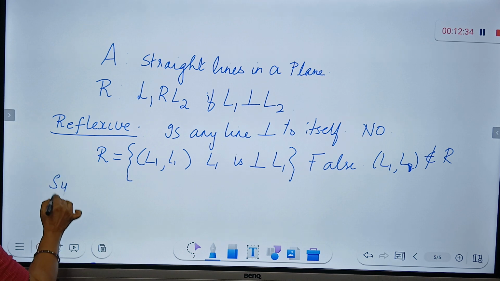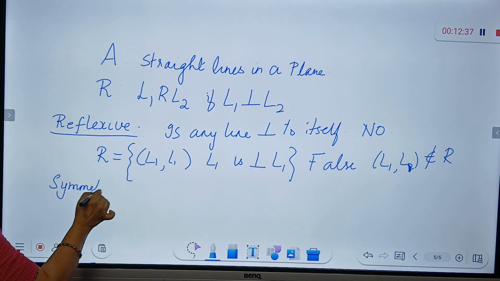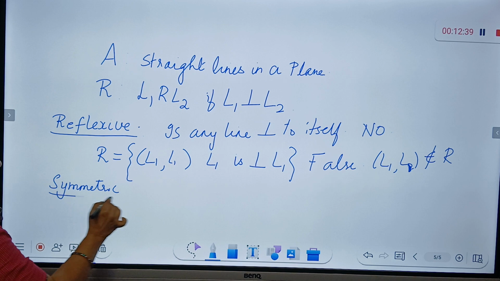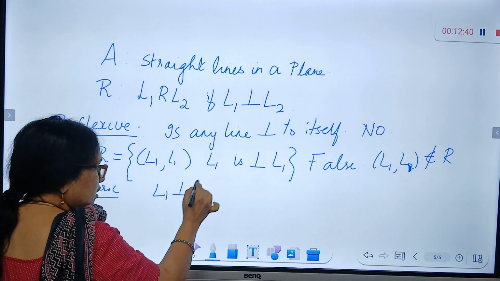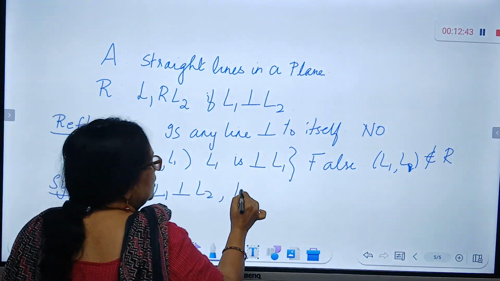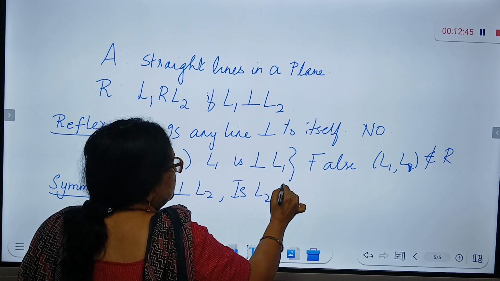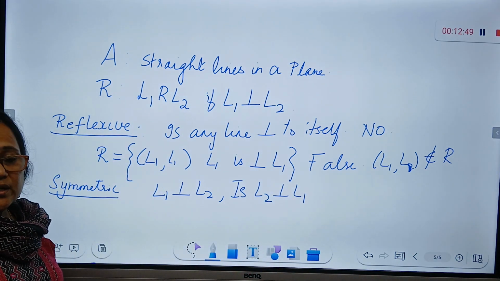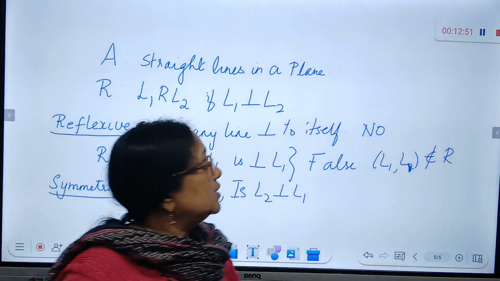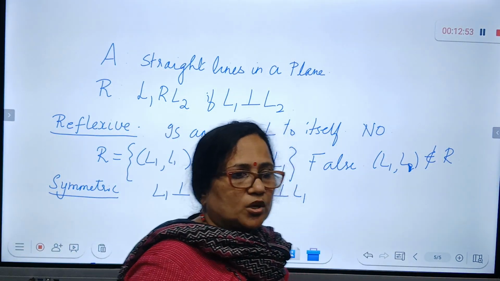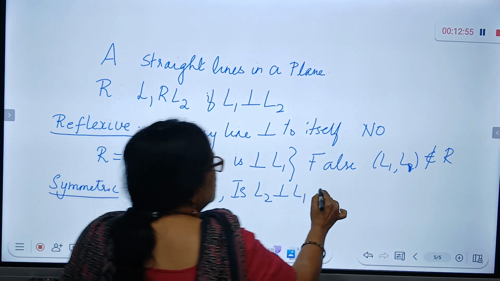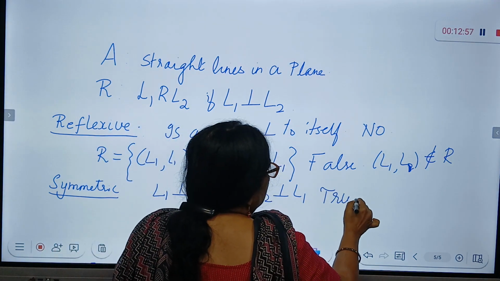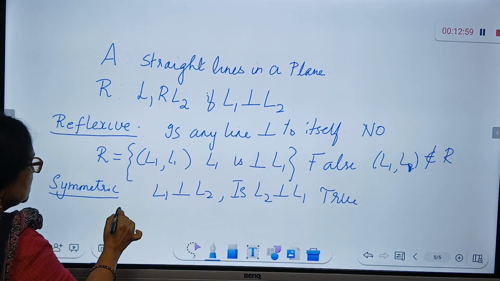What about symmetry? What is the question we are asking? If L1 is perpendicular to L2, is L2 perpendicular to L1? You all know that if one line is perpendicular to the other, the second line is also perpendicular to the first. So this is a true statement. What does that mean?